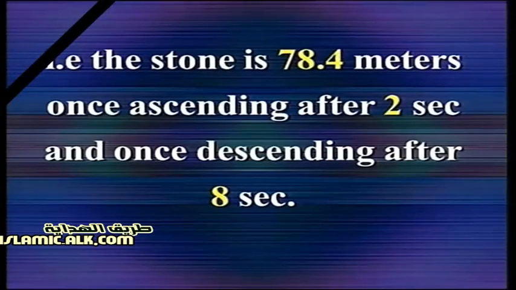The stone is 78.4 meters high once when ascending, after 2 seconds, and once when descending, after 8 seconds. Remember, dear student, the stone reaches the distance 78.4 meters at 2 moments. The first moment is 2 seconds, when ascending.